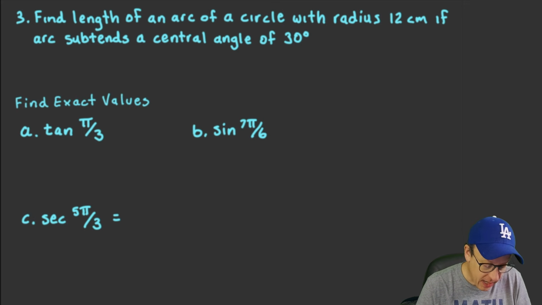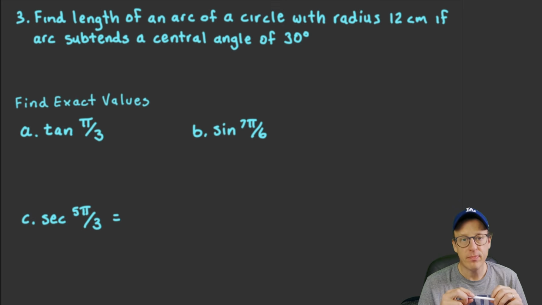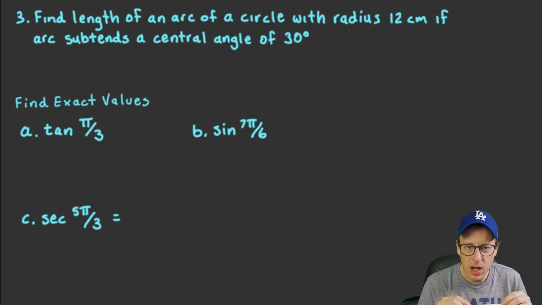Okay. So I need to find the length of an arc of a circle with a radius of 12 centimeters if the arc subtends a central angle of 30 degrees.